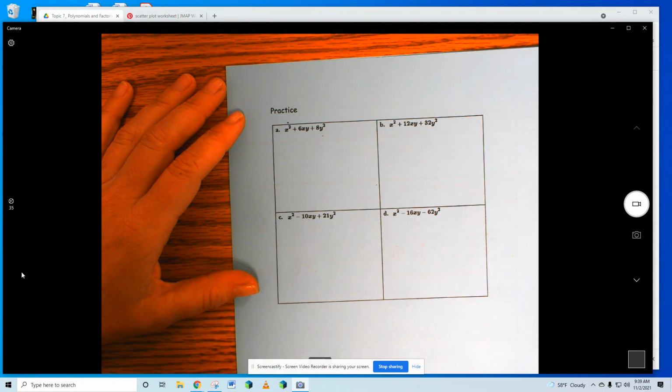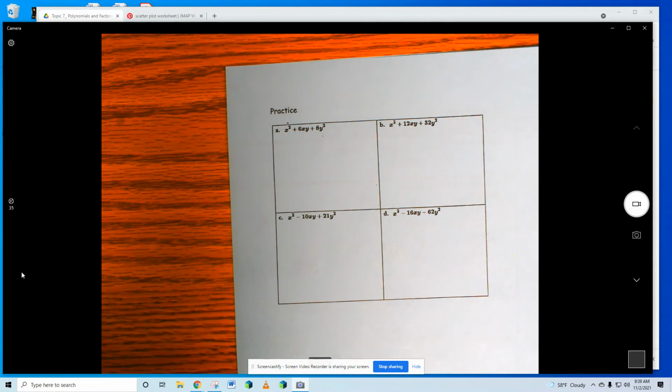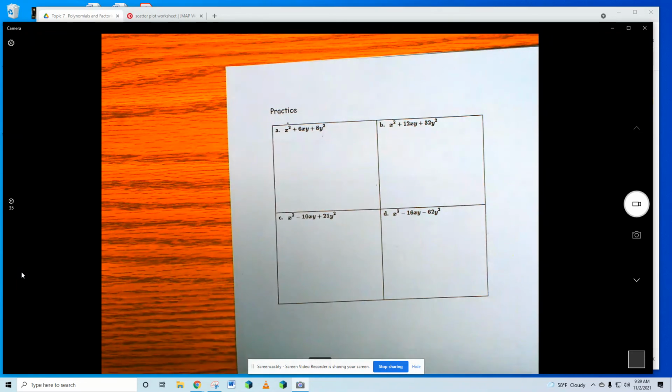Uh-oh. I'm giving you something that you don't know how to do. Yeah, I can't do it. We can't do this. This is not GCF. There's nothing in common.